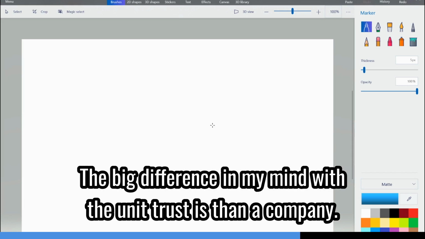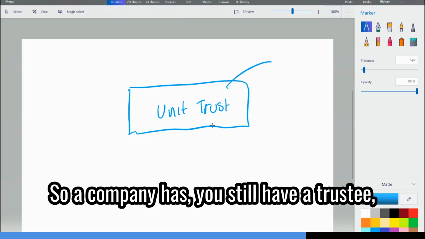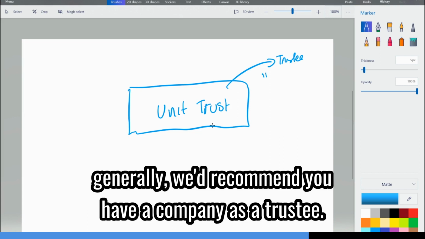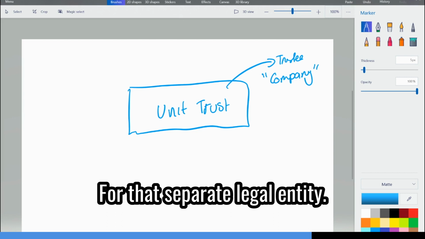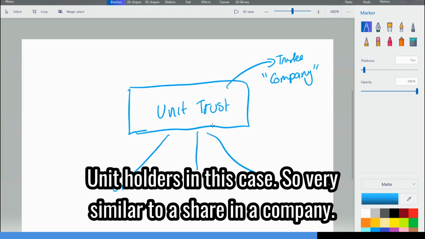The big difference, in my mind, with a unit trust is that you still have a trustee, and in this case, generally you would recommend you have a company as a trustee for that separate legal entity. But then the unit trust distributes its profits to all the different shareholders, or unit holders in this case. So very similar to a share in a company.